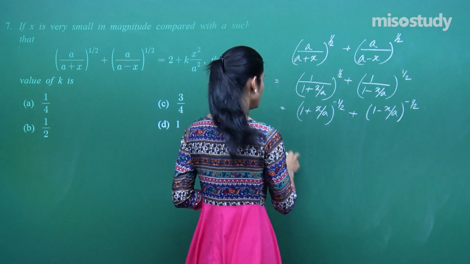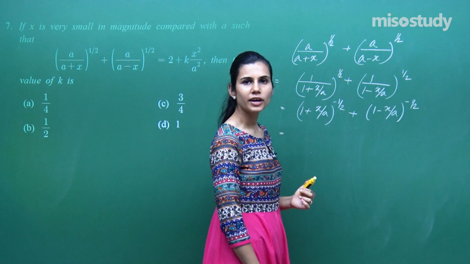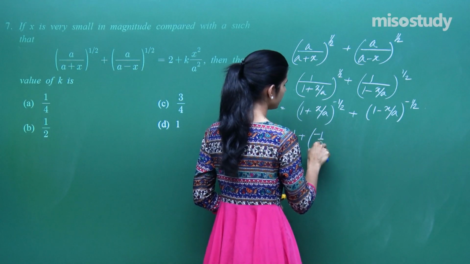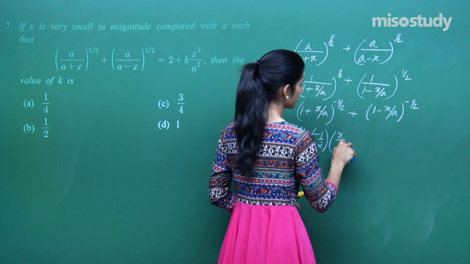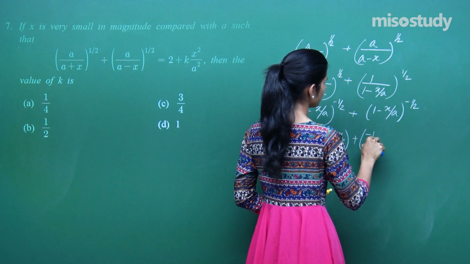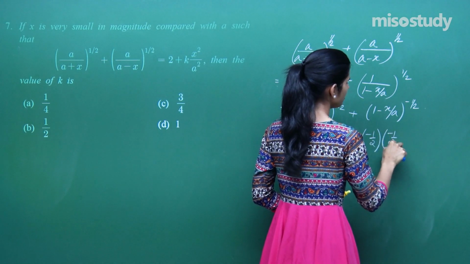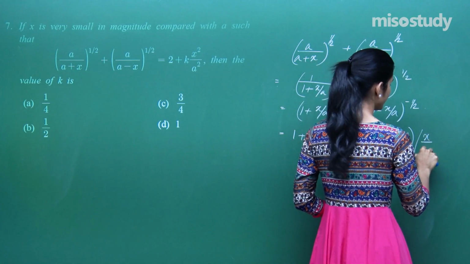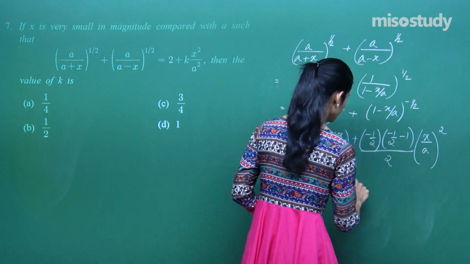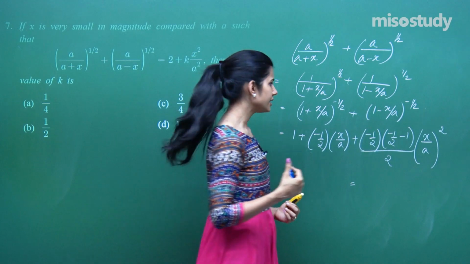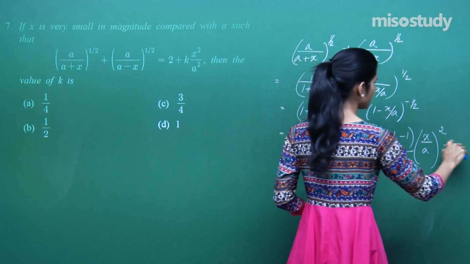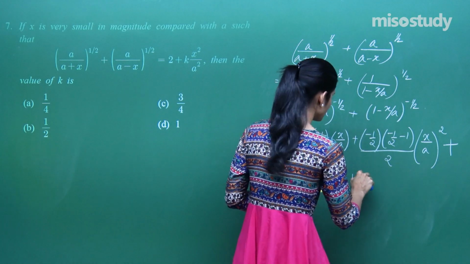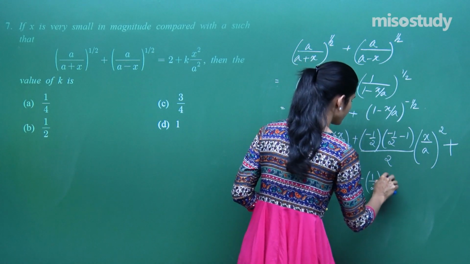Now open it up. 1 plus nx plus n(n minus 1) by 2 factorial into x squared and so on. So you have 1 plus nx plus n into (n minus 1) by 2 factorial (x by a) का square. मैं सिर्फ स्क्वायर टर्म तक ही निकाल रही हूँ because that's what I need. प्लस क्या हो जाएगा यहाँ पे, plus this thing which is 1, यहाँ प्लस हो जाएगा फिर 1 by 2 x by a.